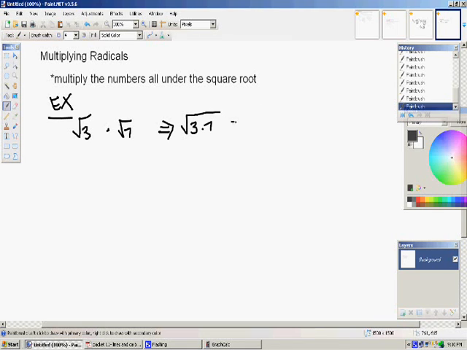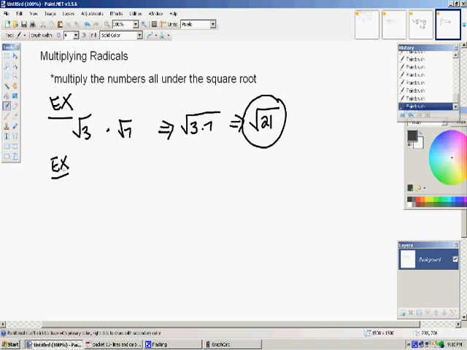It can become 3 times 7. And then you can actually simplify this and multiply these two numbers. 3 times 7 is equal to 21. And 21 can't actually be broken down any further, and so this is your answer.